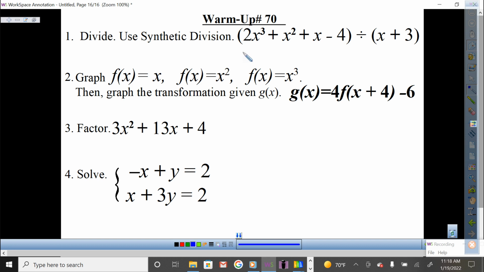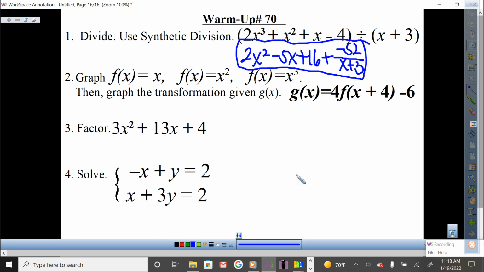Help him out, Noor. 2x squared minus 5x plus 16 plus negative 52 over x plus 3. Hands, have you got that? That is correct. Double check your work.